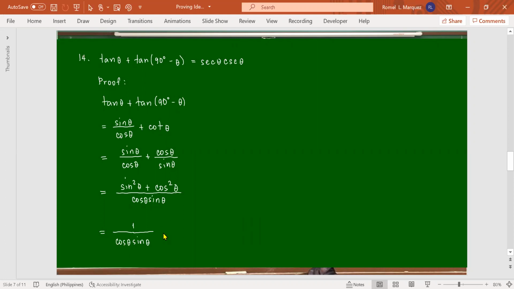So that's it. If we express that as 1 over cosine theta times 1 over sine theta, this is equal to secant theta cosecant theta. That ends the proof.